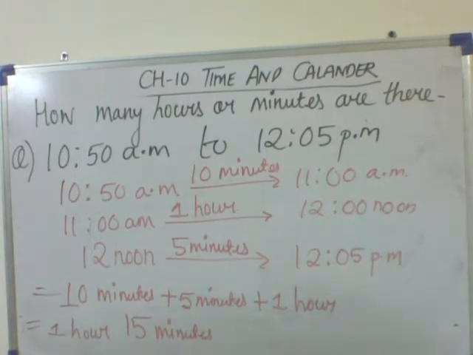Now let us do some of the word problems. That is your question number 5. Kavita waited for a bus from 4:45 until 5:10. How long did she wait for the bus?